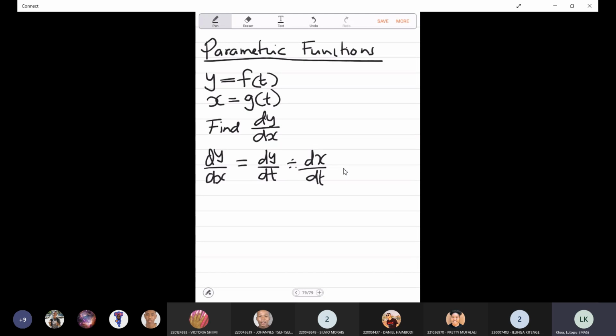Okay, and then when we want to work out the second derivative, d²y/dx², this is just d/dt of dy/dx, and then we divide by dx/dt. So with the second derivative, you will have gotten your first derivative. You differentiate that again with respect to t, and then divide by dx/dt.